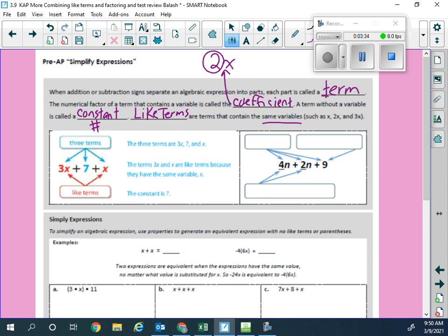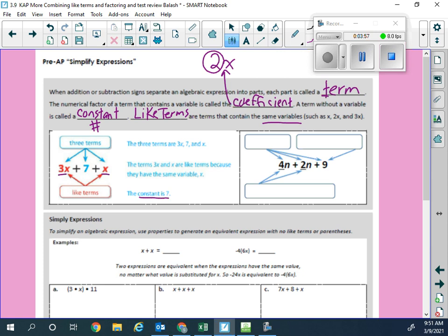It's all good. So if you look at this example, 3x plus 7 plus x, there are 3 terms in that example, okay? 2 of them are like terms because they're both an x. And then what is 7? It's the constant. The constant is 7.